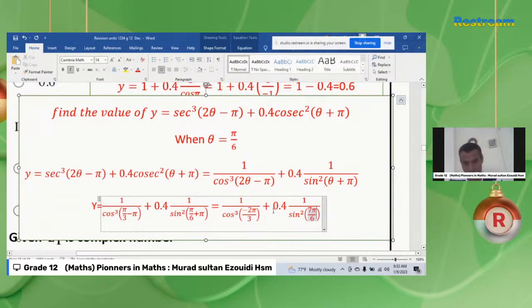Then just calculation. You can use a calculator. I'm going to use my calculator, this is my scientific calculator in my phone.